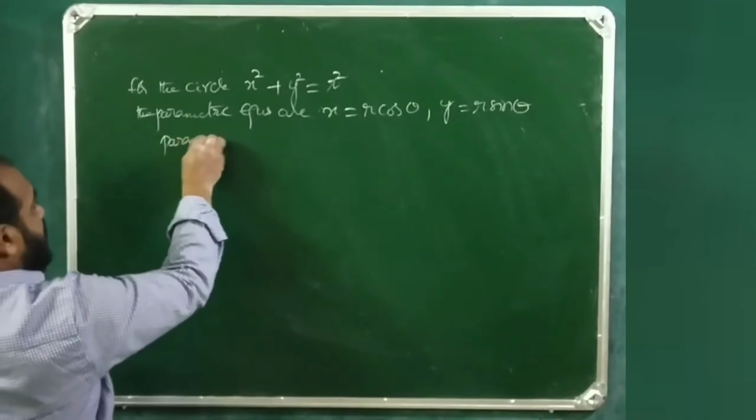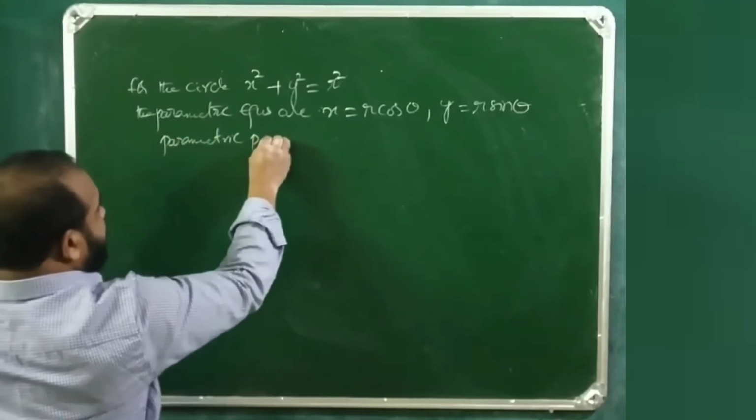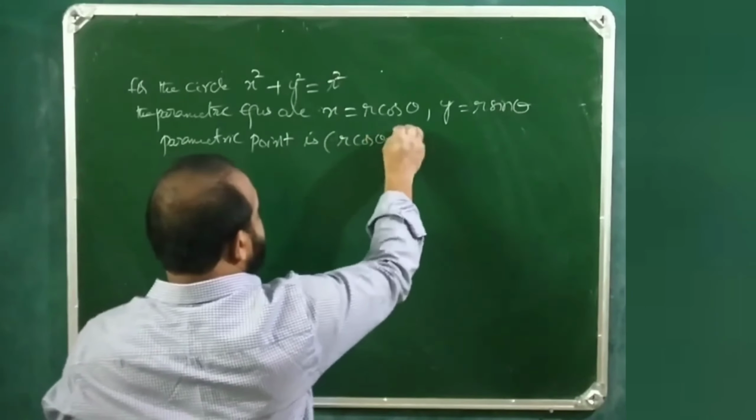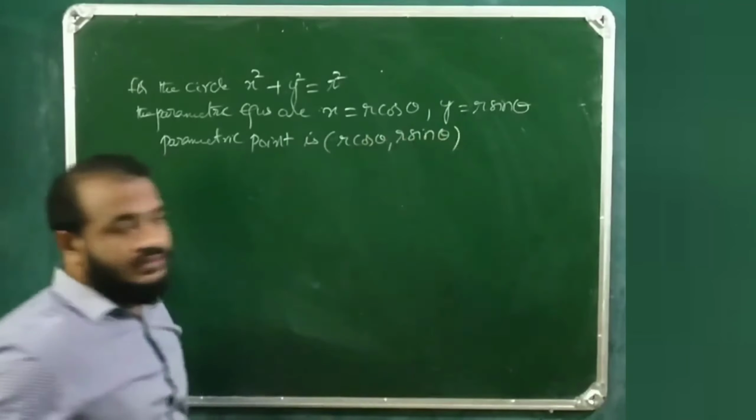Parametric point is (r cos theta, r sin theta).